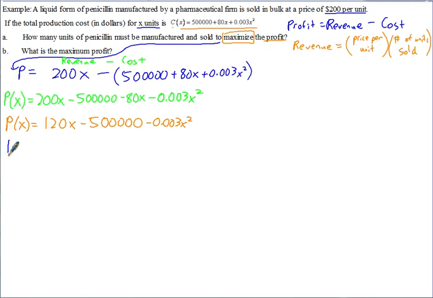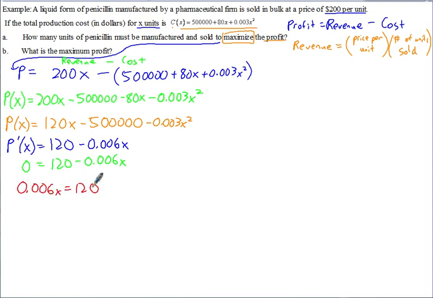So now let's take the derivative, p prime of x. Derivative of 120x is 120. The derivative of negative 500,000 is 0, it's a constant. And we use the power on this one, 2 times 0.003 would be 0.006 x. And you set that equal to 0. And then if you just add over the 0.006x, then you can divide by 0.006.